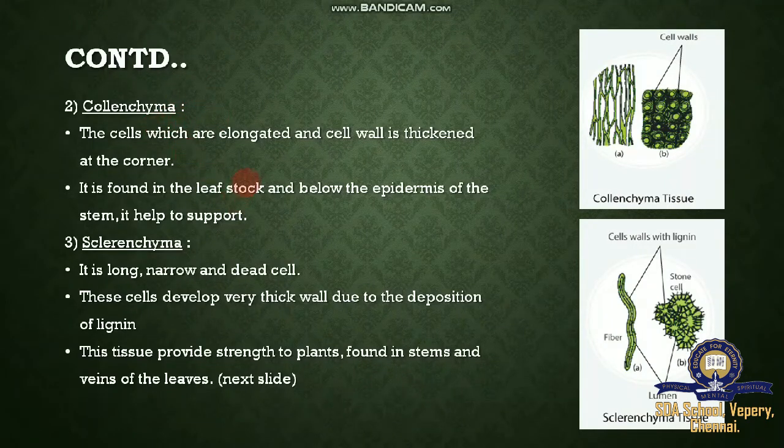In collenchyma, a primary wall and a secondary wall are formed, with uneven thickness at the edges and corners of the cell. Sclerenchyma has a double wall layer, primary and secondary wall. The secondary wall is deposited with lignin, so this tissue provides strength to plants, found in stems and veins of leaves.